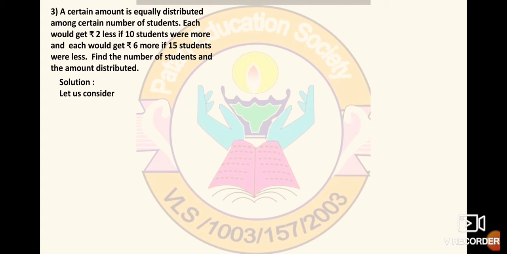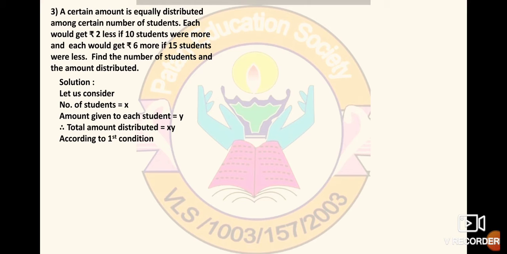Let us consider the number of students equal to x, and the amount given to each student equal to y, and therefore the total amount distributed is x into y, that is xy.